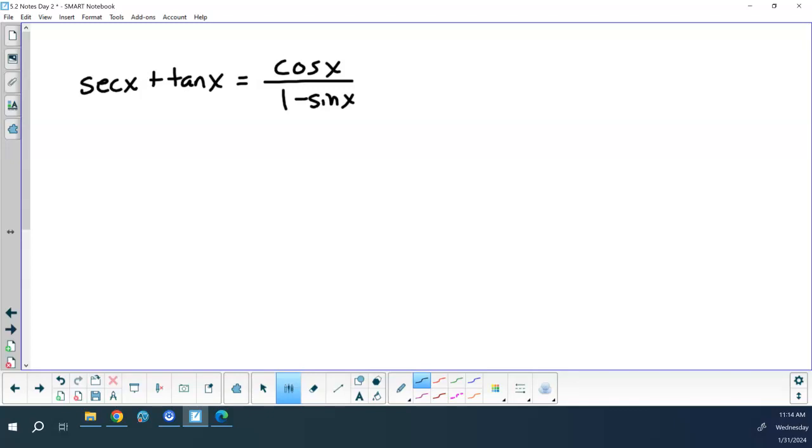Okay? Now, first thing that you need to do is when we're proving this identity, so this is a true identity. The secant of an angle plus the tangent of an angle is truly equal to the cosine of that angle divided by 1 minus the sine. That's a true identity. Okay?